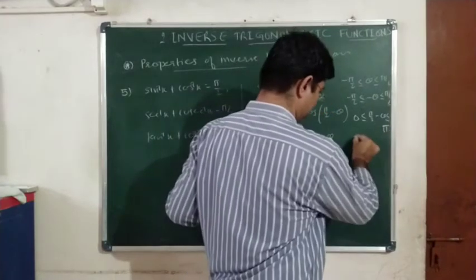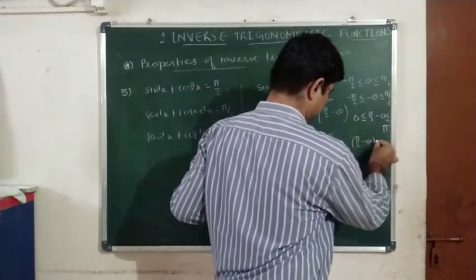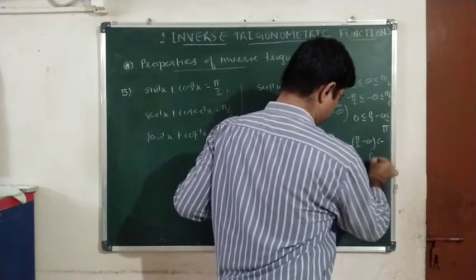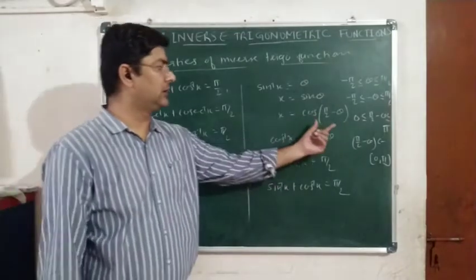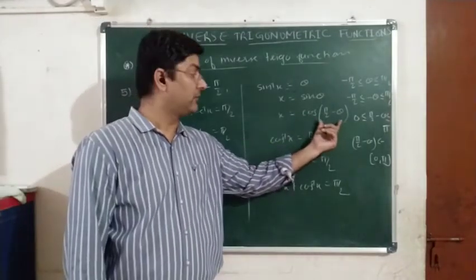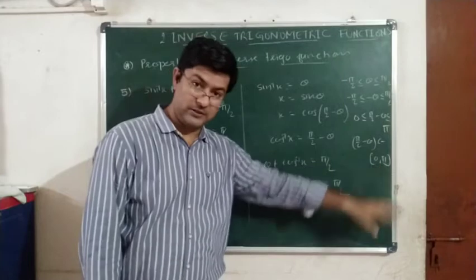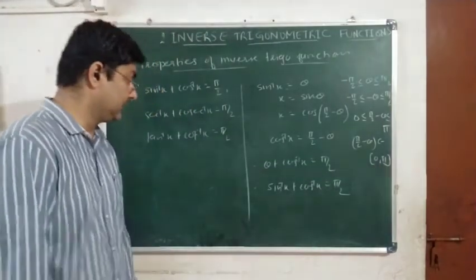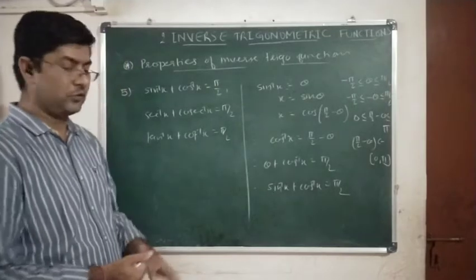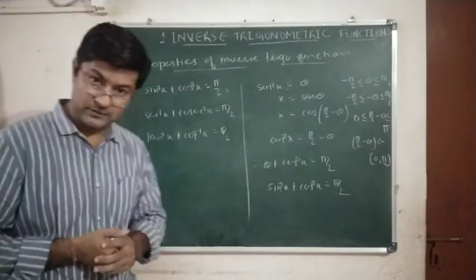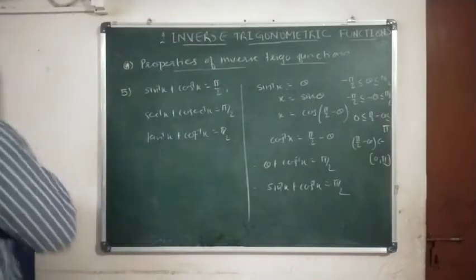Yes or no? And therefore this belongs to 0 to pi. Yes or no? Because we know that the domain for the cos ratio must be 0 to pi. Clear? So sin inverse x plus cos inverse x is equal to pi by 2. Similarly, you can prove the other two properties.